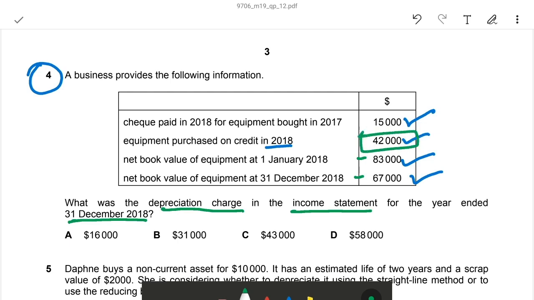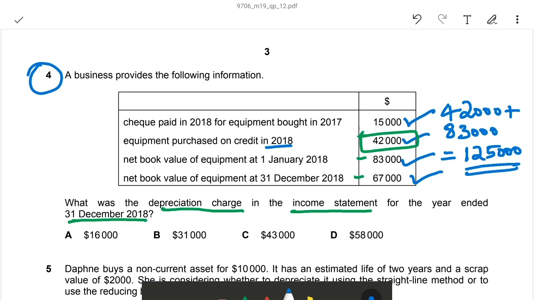So the total value in 2018 is 42,000 plus 83,000, which is equal to 125,000.